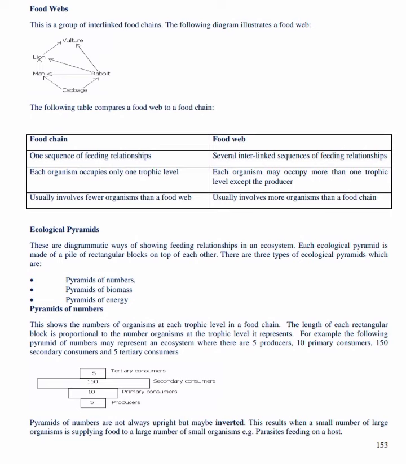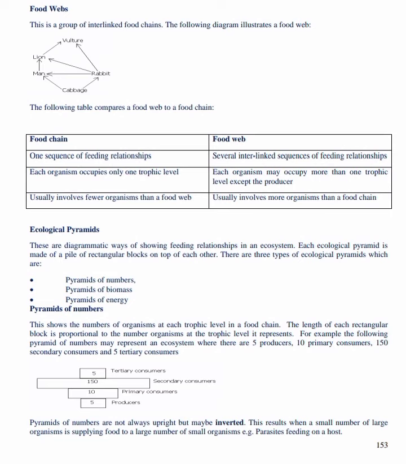They made the block smaller for producers because they have a smaller number, 5. Primary consumers is 10, you double that. Secondary consumers is 150, so the rectangular block had to be very long to show that it's quite a lot of organisms at that level.